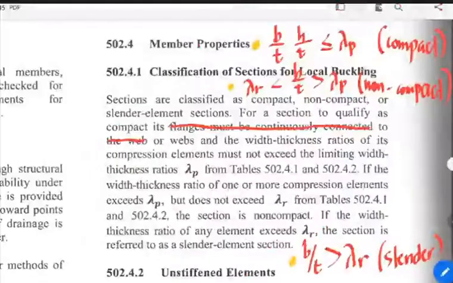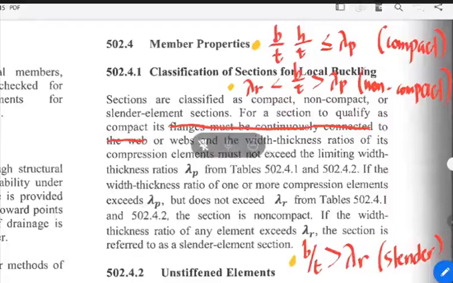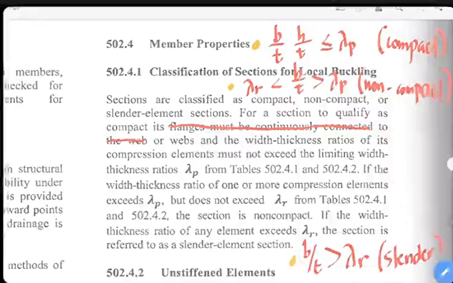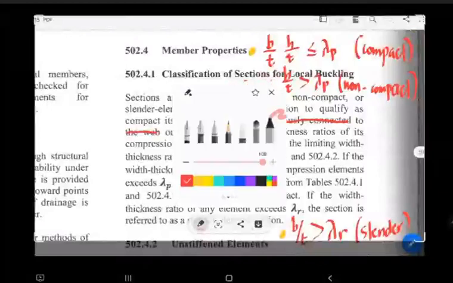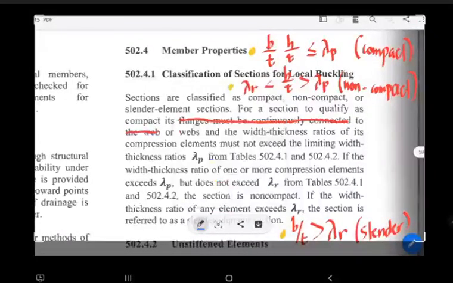It should exceed lambda p, but does not exceed lambda r. It should not exceed lambda r. It should be less than, if it should not exceed.